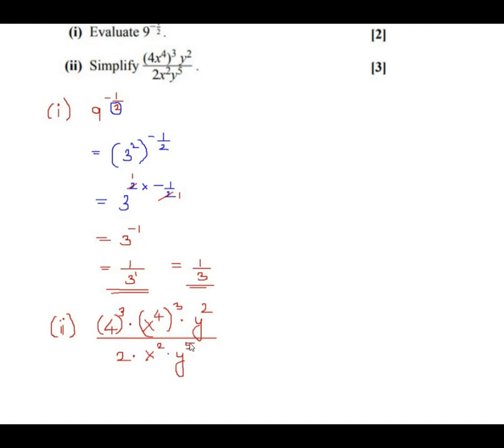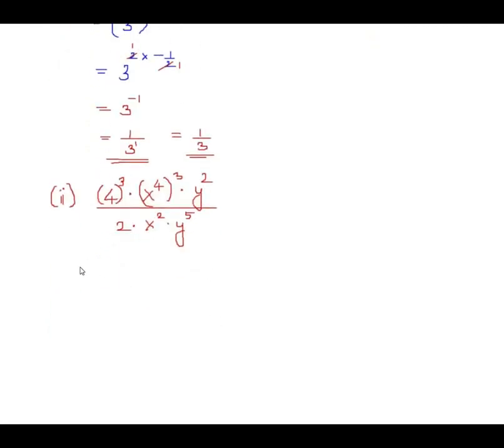So let us solve this further. We get 4 to the power of 3 is 64, times x. Now powers get multiplied using the laws of indices. So 4 times 3 is 12, times y squared, divided by 2 times x to the power of 3 times y to the power of 5.